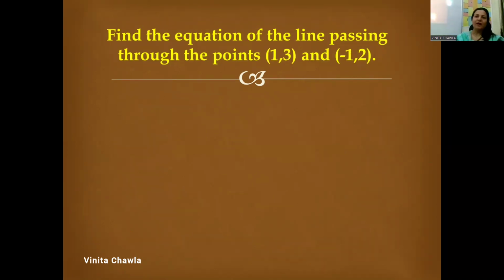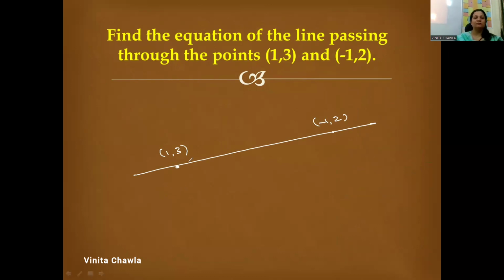Easy. Find the equation of the line passing through the points 1, 3 and -1, 2. Now we have two different points. This is 1, 3 and this is -1, 2. You know point slope form? What is it?